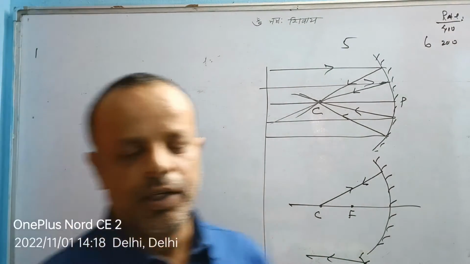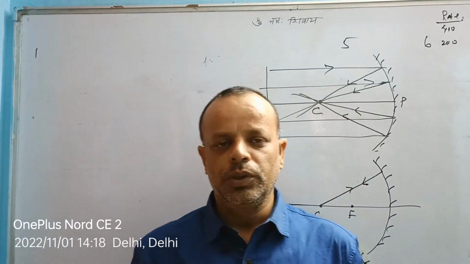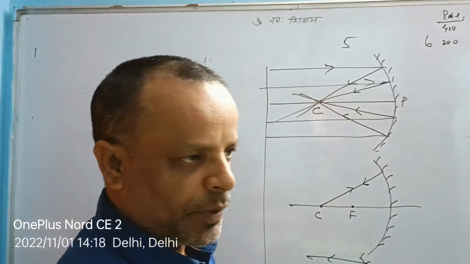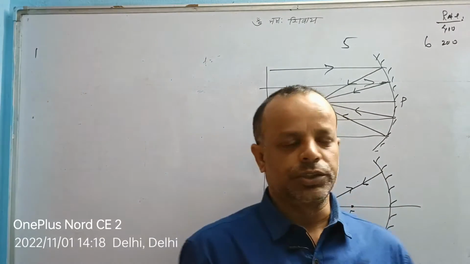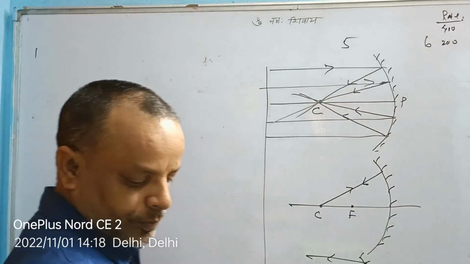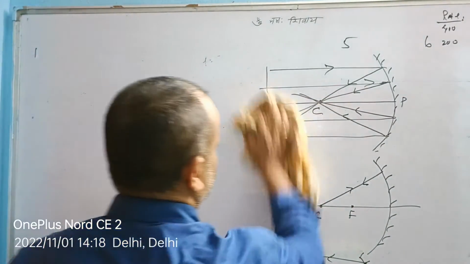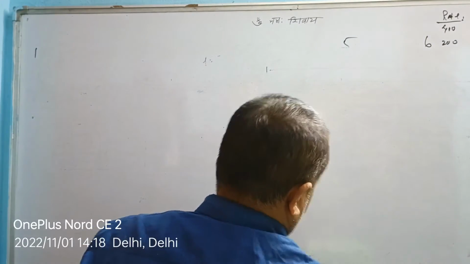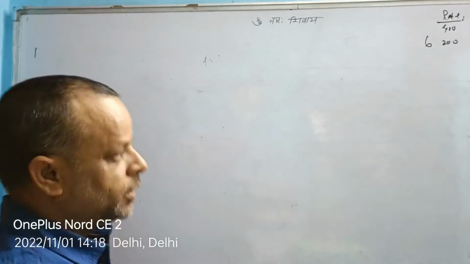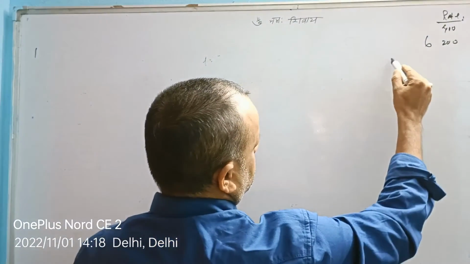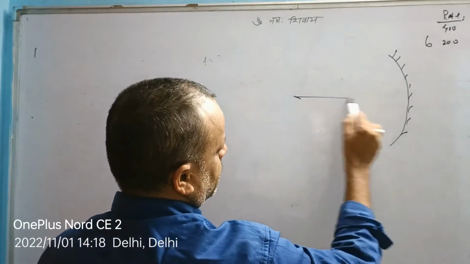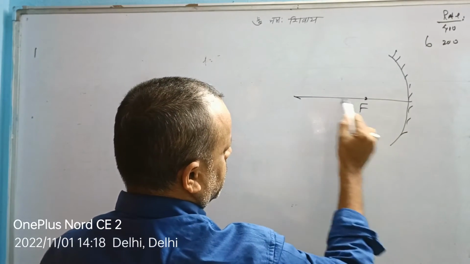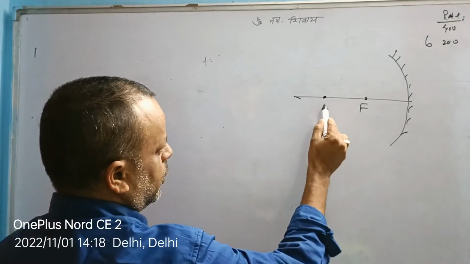And according to CBSE, we should know the different types of images formed when the object is placed at different positions. Let us suppose we have a concave mirror, and this is the focus, this is the center of curvature.